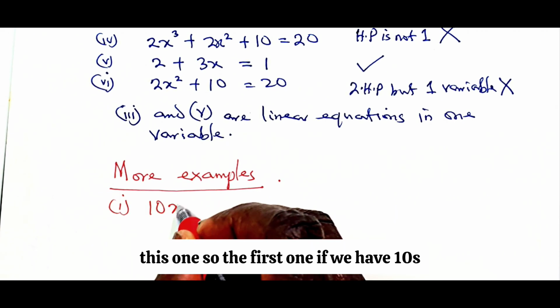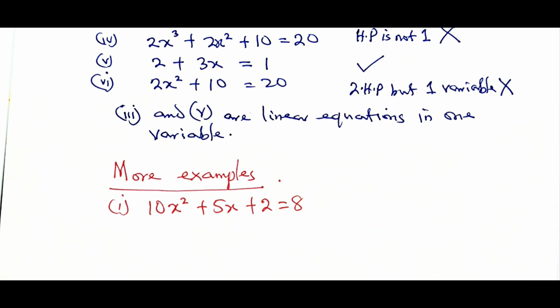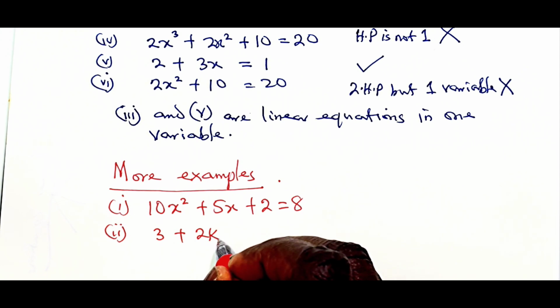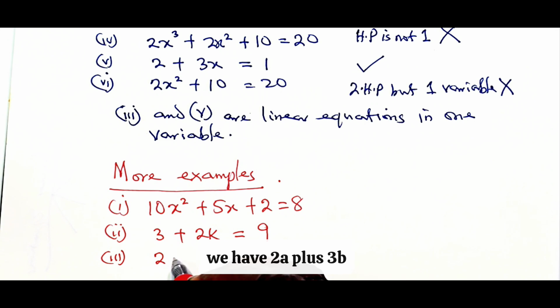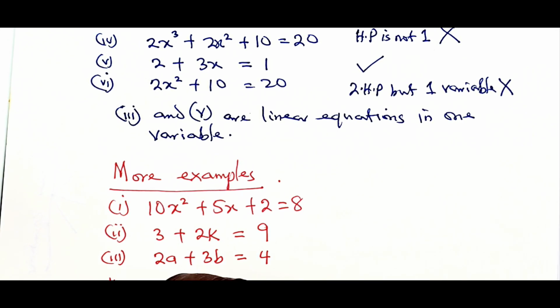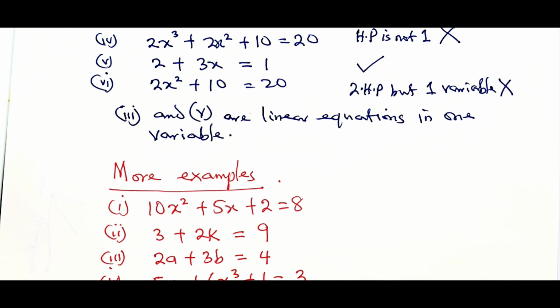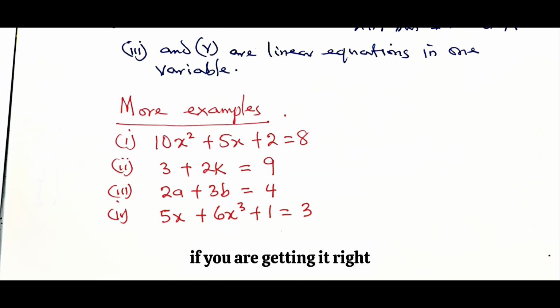The first one: 10x squared plus 5x plus 2 equals 8. Another one: 3 plus 2k equals 9. We have 2a plus 3b equals 4. And the fourth one: 5x plus 6s cubed plus 1 equals 3. So try to do them and see if you are getting it right.